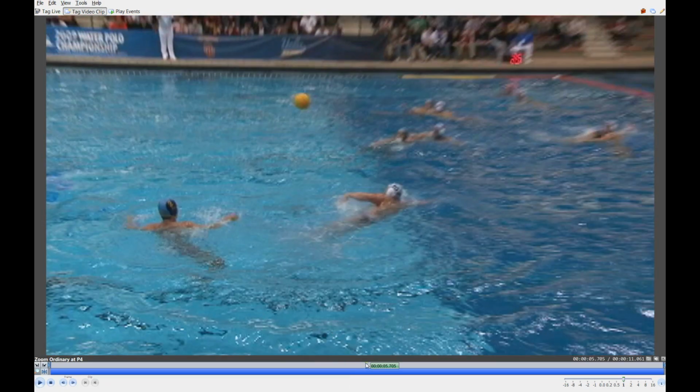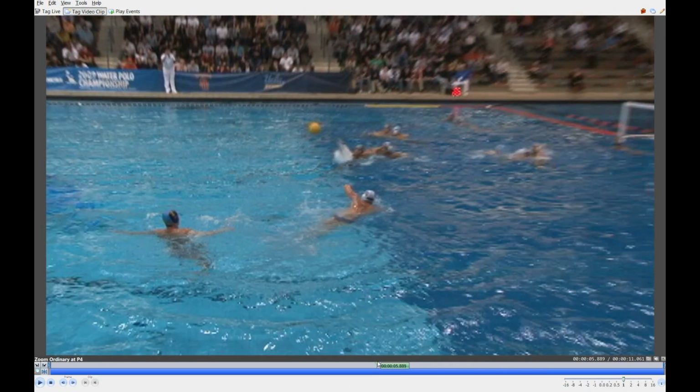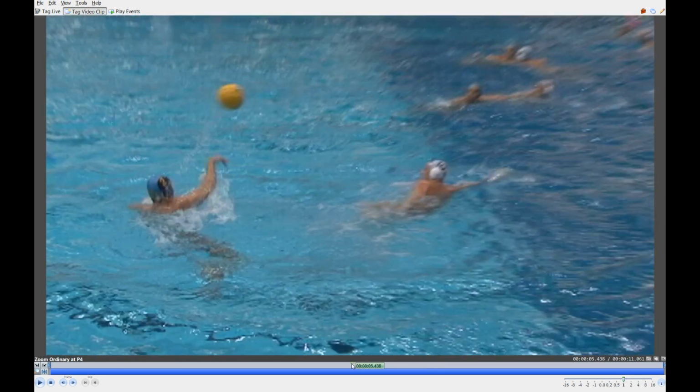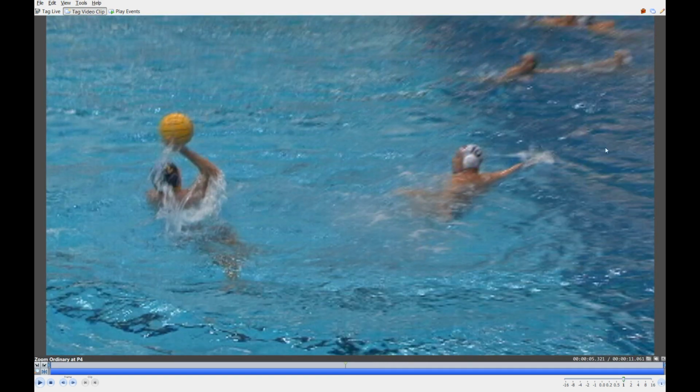Now the ball's going to go over. And if we take it back just a little bit and you look at the top part of the screen, you can see that this offensive player already has his arm extended on the defender. He's preparing to receive the ball. Unfortunately, if he's using that defender by pushing on that defender to maintain space or keep him from attacking before the ball is received, that's an offensive foul.